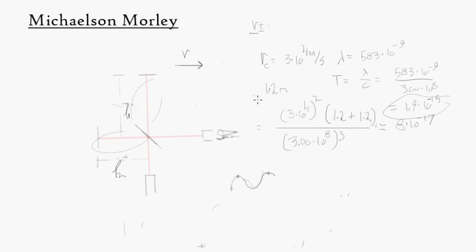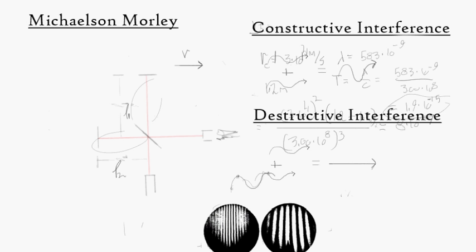So let's say that you are Michelson and you are looking at, right where this indicator is, at a bright spot right there. So you're looking at that indicator, and you know that the two wavelengths at that point are lined up perfectly. How do you know? Because it's a bright spot. There's constructive interference.